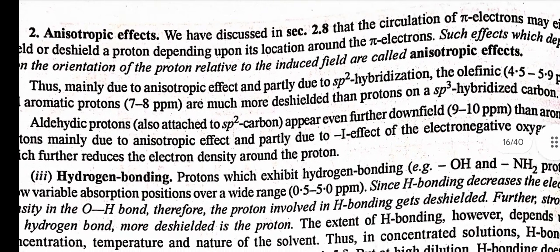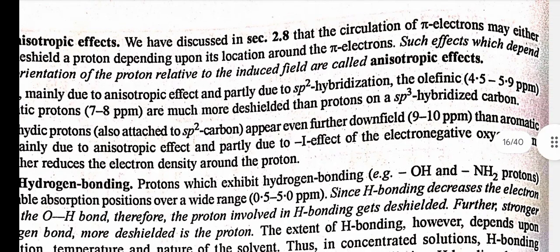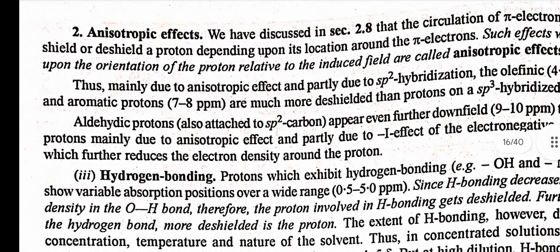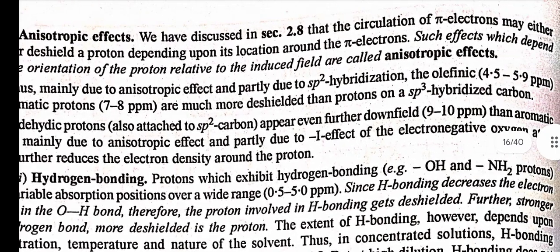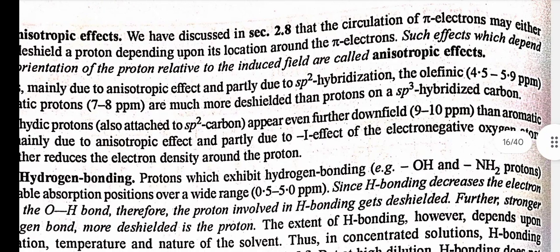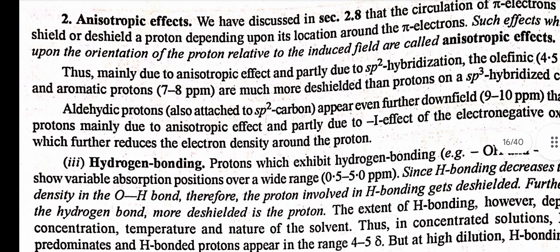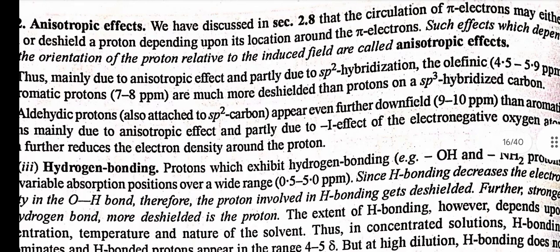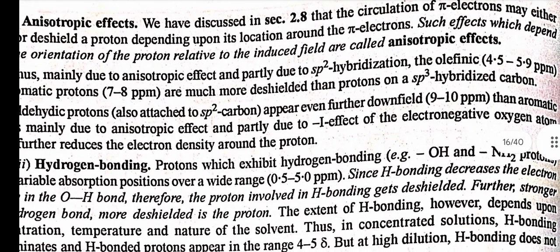Anisotropic effects. We have discussed in section 2.8 that the circulation of pi electrons may either shield or de-shield a proton depending upon its location around the pi electrons. Such effects, which depend upon the orientation of the proton relative to the induced field, are called anisotropic effects.